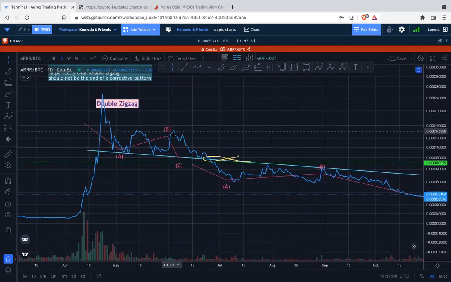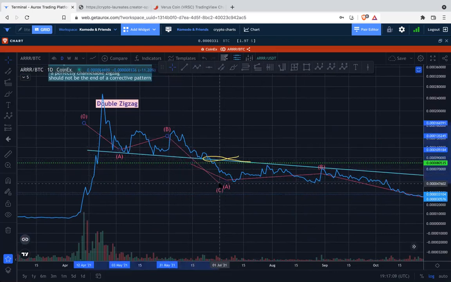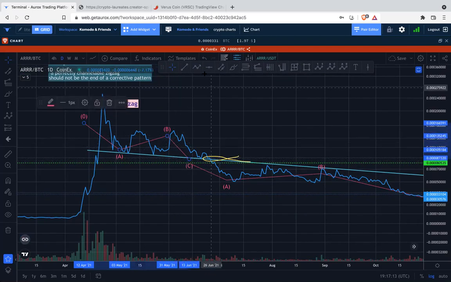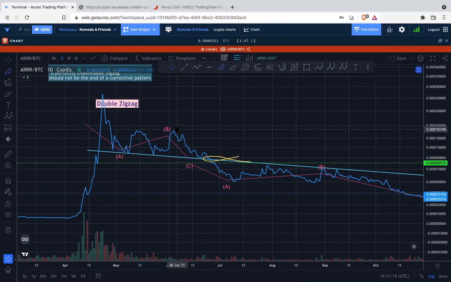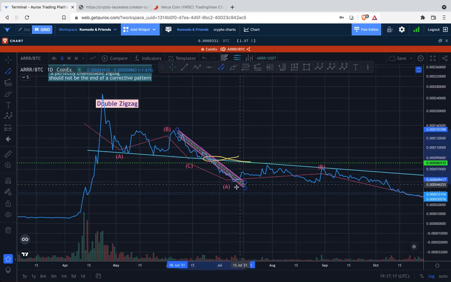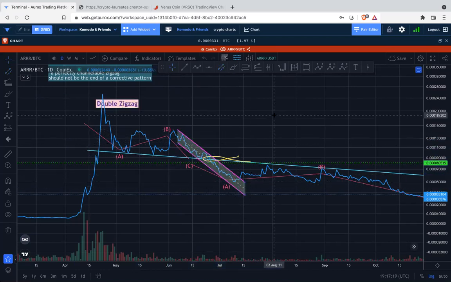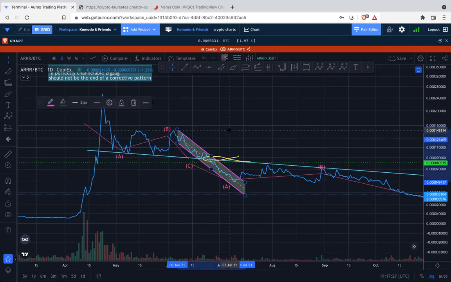Like this potential C wave, what we had before as our C wave, is much more like a channel. Remember what he was saying about channels: corrective patterns just follow within the channel. An impulse moves out of the channel. So in this case, this is a complex corrective pattern, not an impulsive 5-wave move, according to the Neely method.